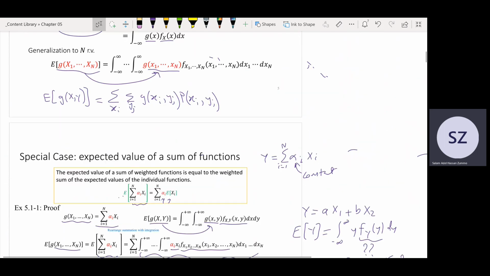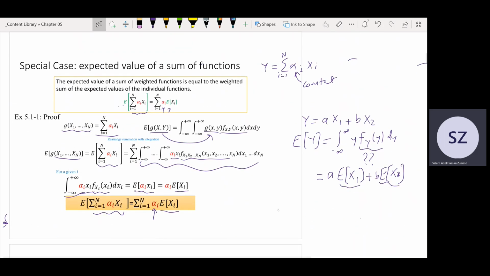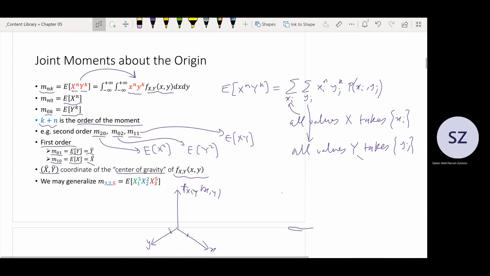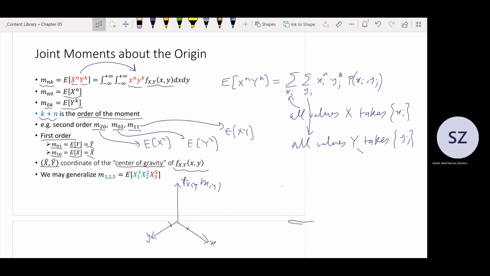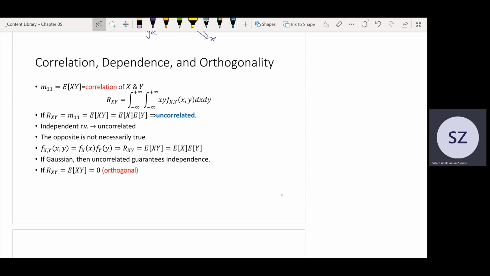Here we defined the expected value of a function, then the expected value of a weighted sum of random variables, and then the moments around the origin with a certain order n plus k. Later we will talk in detail about this one, which we call correlation, what it means and how to calculate it, and when we can decouple. We will also talk later about central moments, how we define what we call covariance, when it decouples, and so on.